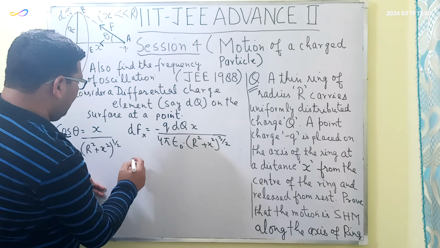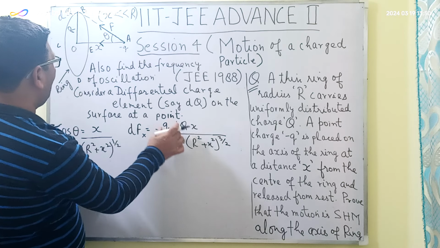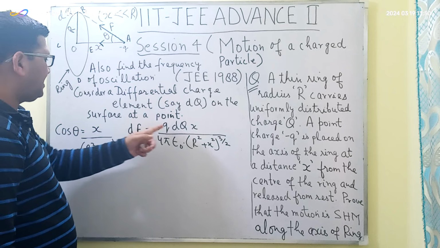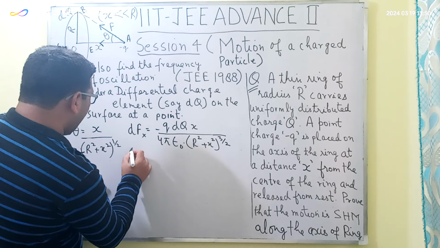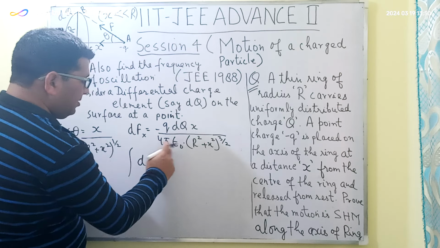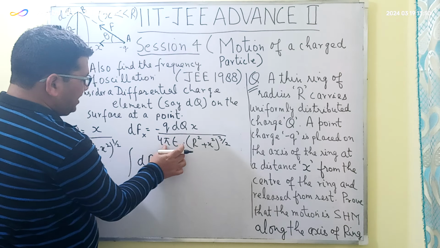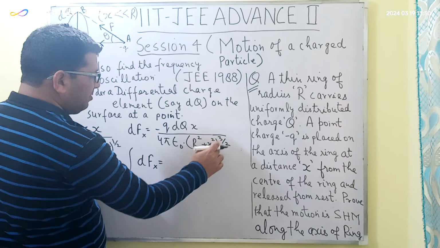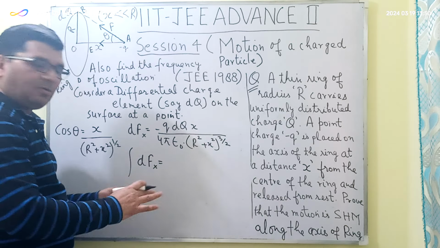Now this is the force due to this differential charge element dq. So if I integrate this equation, see here, 4 pi epsilon naught, q, x, and r square plus x square to the power 3/2, all these are constants.